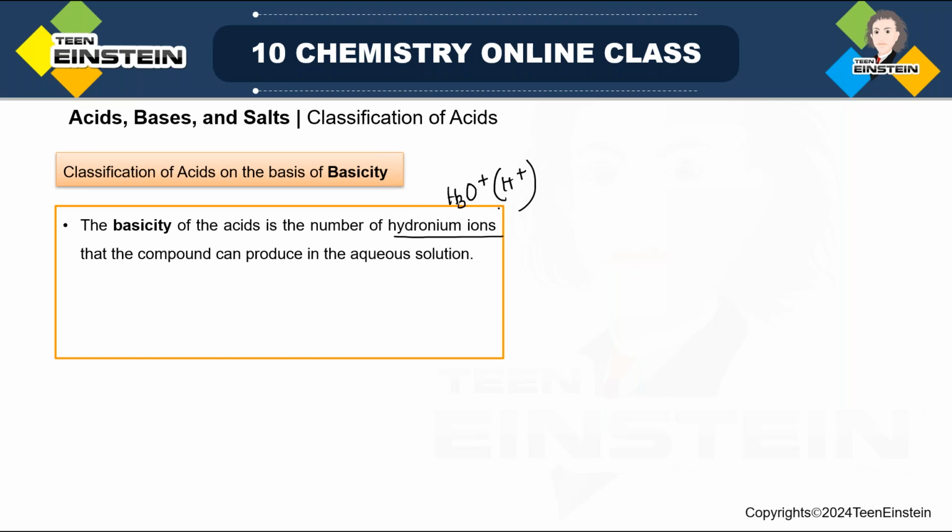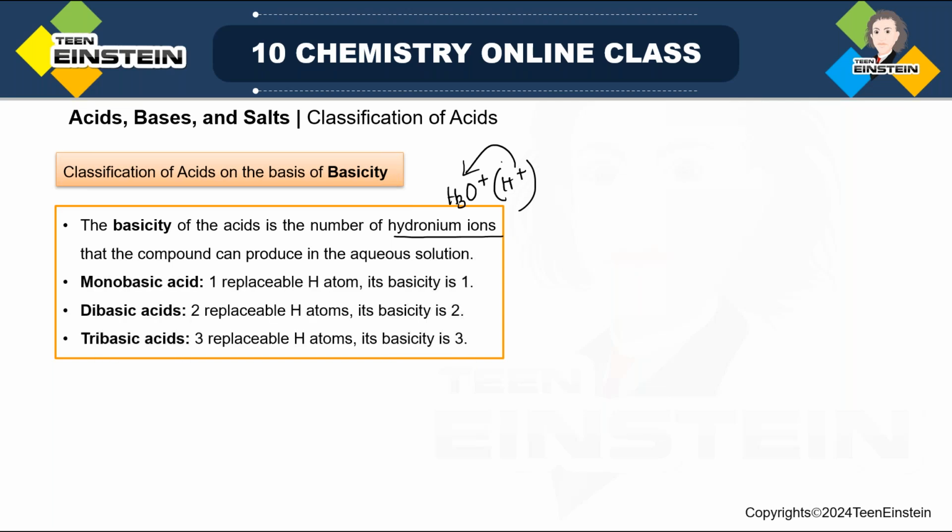So when I am saying the number of H plus, how many H plus can be generated, that is the definition of basicity. This H plus ultimately will be converted to H3O plus because there is presence of H2O. So if you say the definition in terms of hydronium ion, it is okay. It is the number of hydronium ions that a compound can produce in aqueous solution.